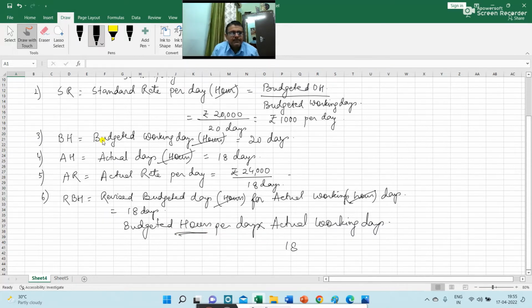If the budgeted working days is 20, that is budgeted working hours into number of budgeted days, so it is also a multiplication of two products, that is budgeted hours per day into budgeted working days.